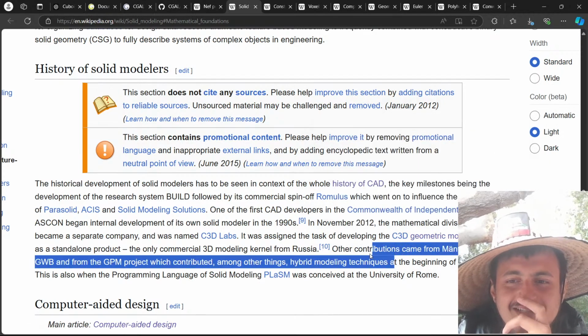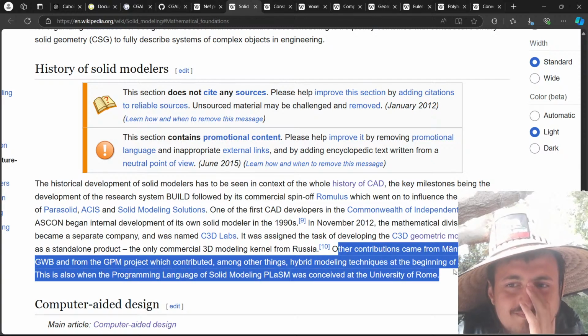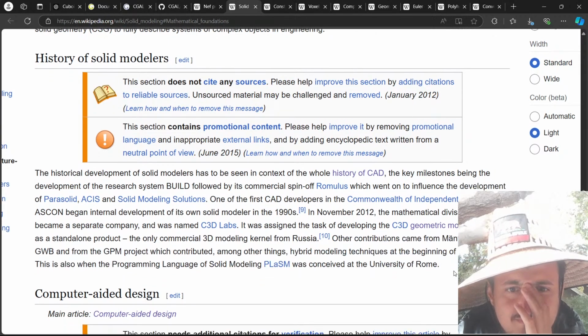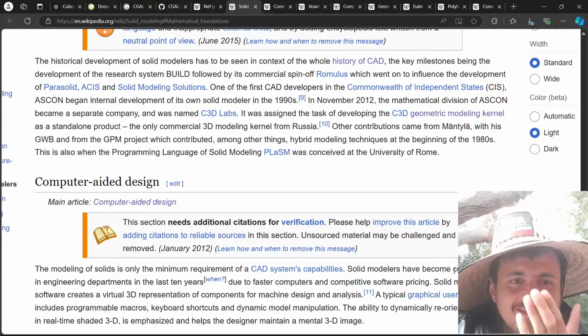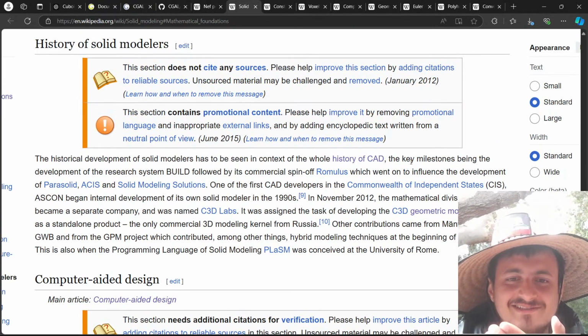Why is this... see, this just evolved into nonsense. What the fuck is that page, dude? This is such nonsense.